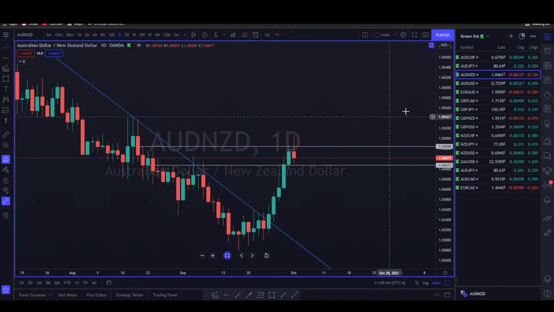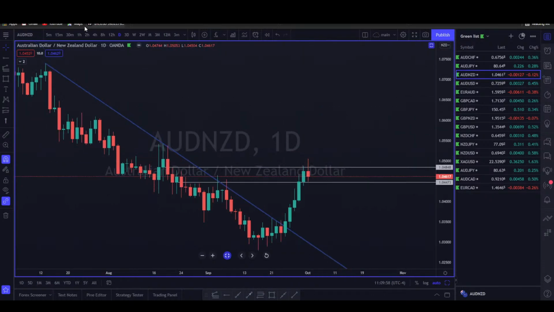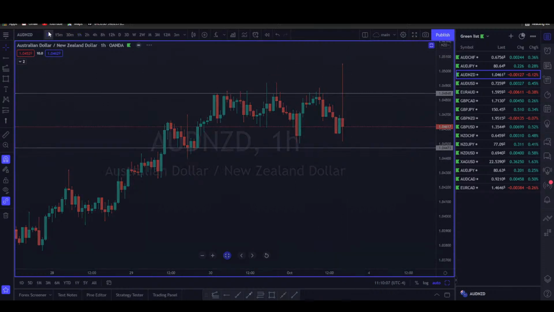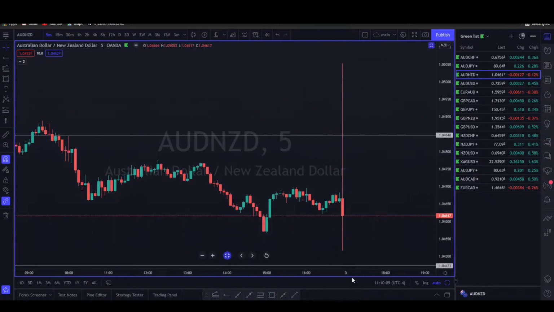Alright. So yeah. We're looking for ones that have already shown the ability to move, but perhaps haven't taken out the low or high yet, or made a new high on the day. Yeah, that was disgusting. This probably happened at 5 o'clock. I mean, exactly at the close, that spike probably happened. That's usually what, yeah, look at that. Boom, boom.